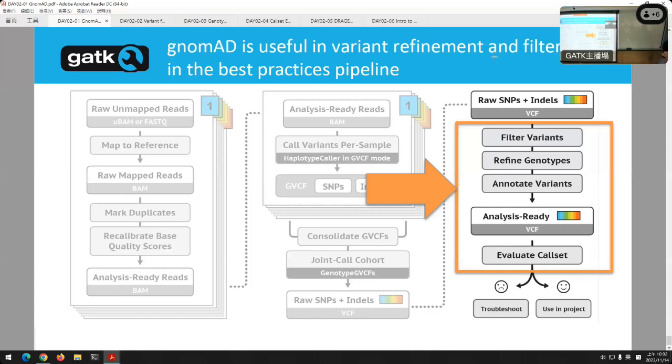Okay, let's see. So your question is about how you can use the constraint metrics. I'll start on a more general level. If a gene or region is constrained, then we expect that variation in that gene or region is more likely to be deleterious.